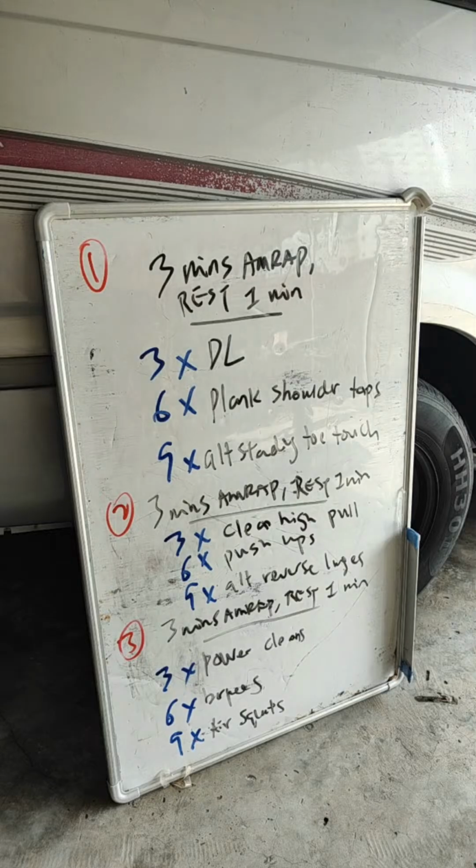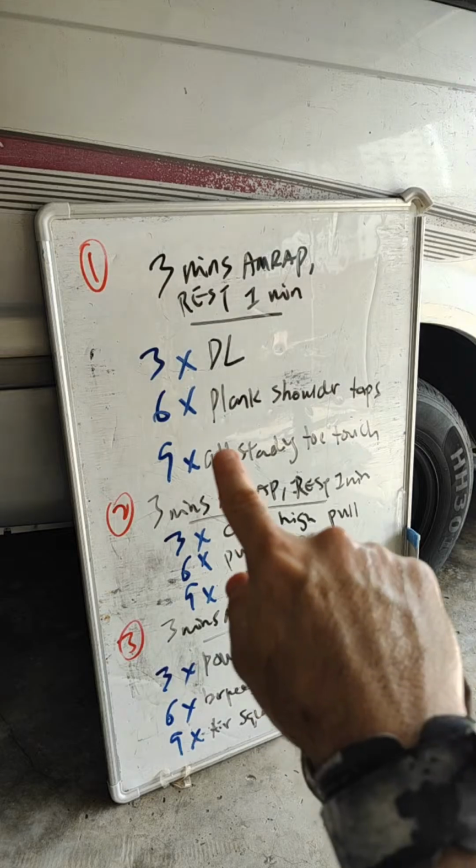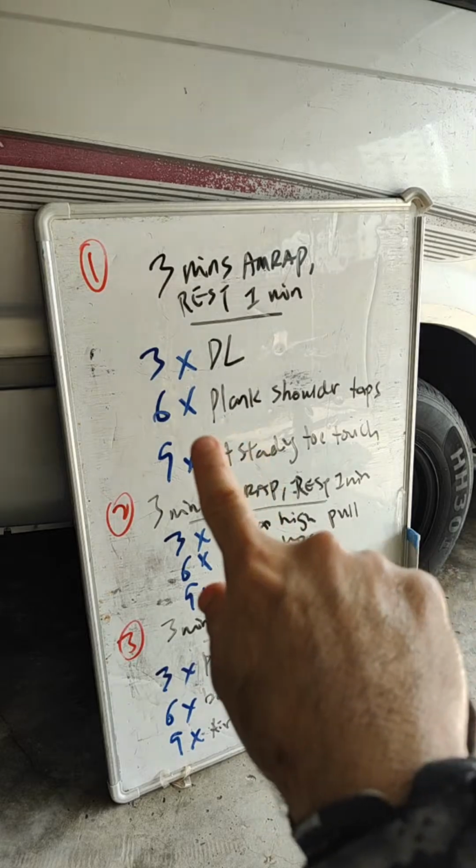This time 3 power cleans, 6 burpees, and 9 bodyweight squats, air squats. For that 3 minutes, you try to do as many as you can for this final part as well.